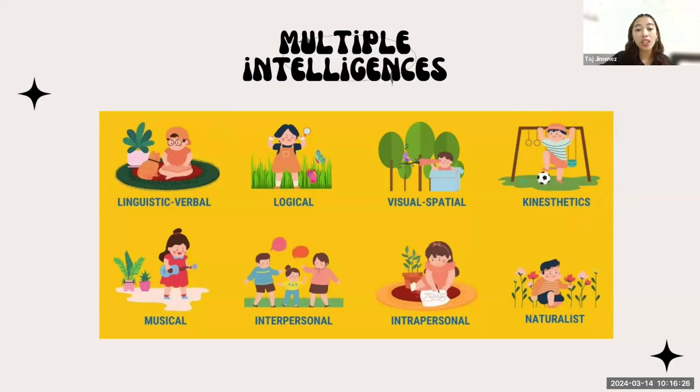A child that is bodily kinesthetically smart will express their ideas and feelings with the use of their whole body. So this might be more prominent in negative actions, such as pushing or biting. It's not that these children aren't smart, it's just they're showing their intelligence in a different manner.